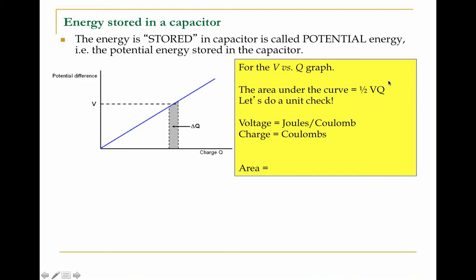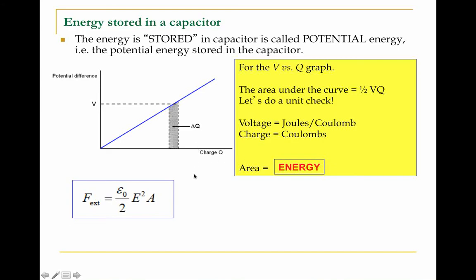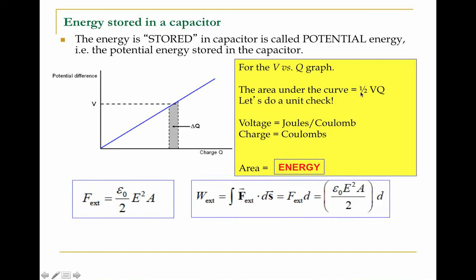So you see that the coulomb will cancel with the coulomb, and the area is actually measured in joules, and that's the energy. So the energy stored in a capacitor is equal to half QV, which we checked from the units.